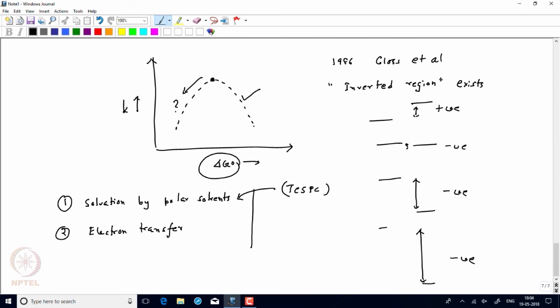And electron transfer, for example, you can study with a pump probe technique, where after electron transfer you generate an acceptor species, and this acceptor species has a characteristic absorption.